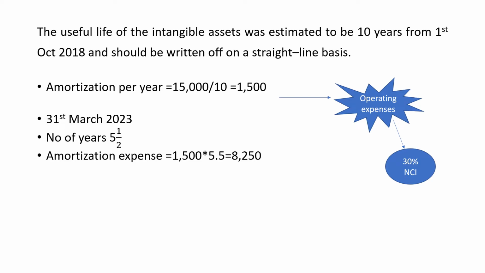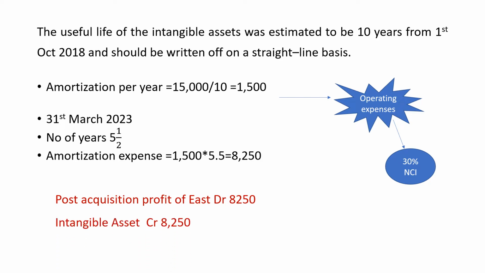Therefore, from the post-acquisition profit of East PLC, we are going to reduce it. Therefore, post-acquisition profit of East should be debited by 8,250, as well as the intangible assets which have been created should be reduced by this amount. Therefore, we are going to credit intangible assets by 8,250.